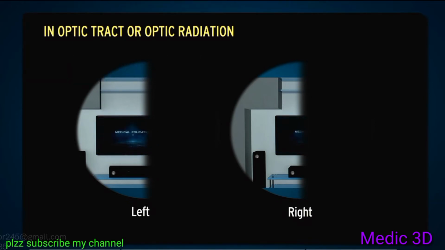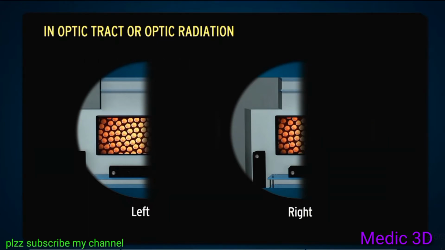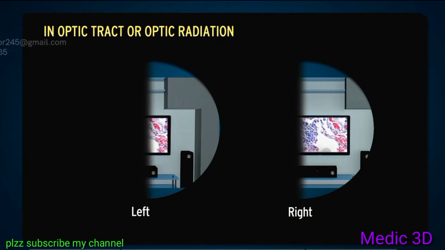When nasal field of vision in one eye and temporal field of vision in the other eye are lost, it results in homonymous hemianopia. If there is lesion in optic tract of right side, it leads to left-sided homonymous hemianopia, or temporal field in left eye and nasal field in right eye.